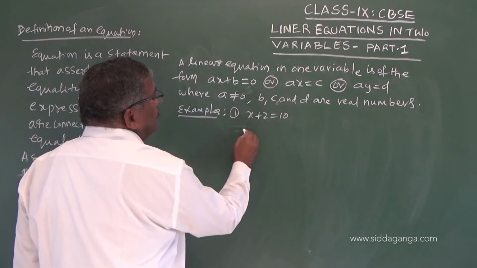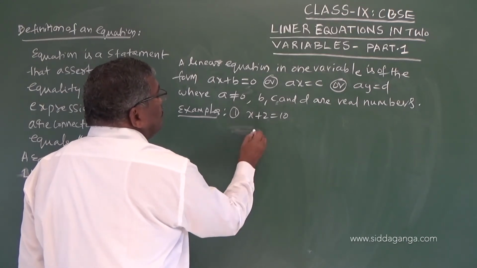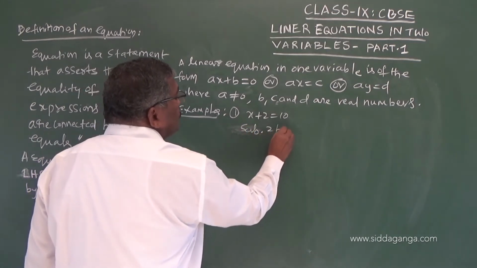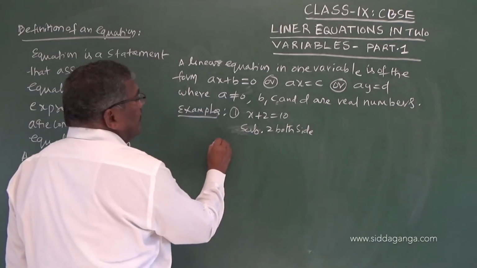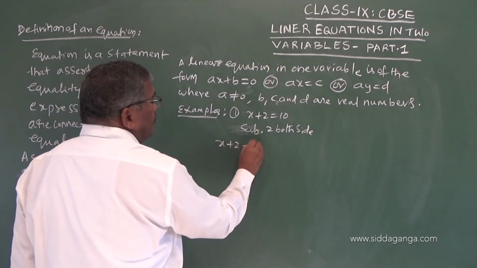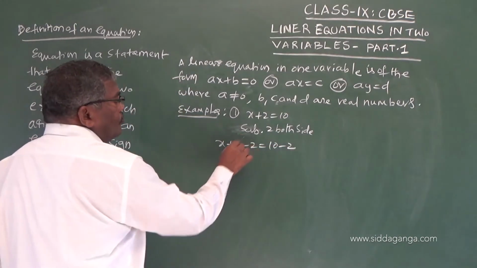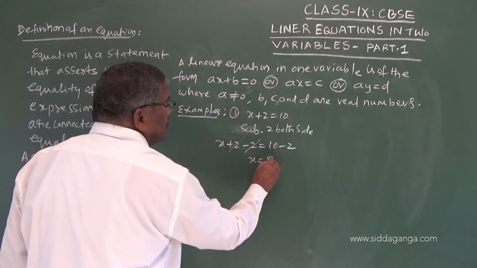To find x, what do you do? x plus 2, subtract 2 both sides. So x plus 2 minus 2 equals 10 minus 2. So 2 and 2 get cancelled. x equals 10 minus 2, which is 8.